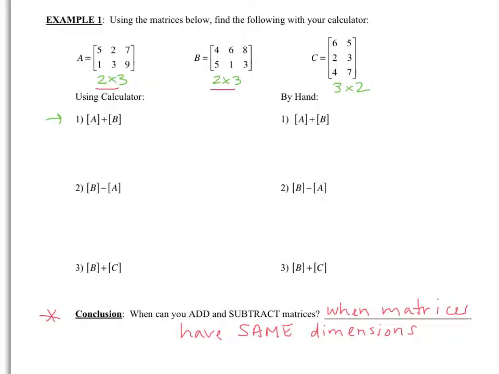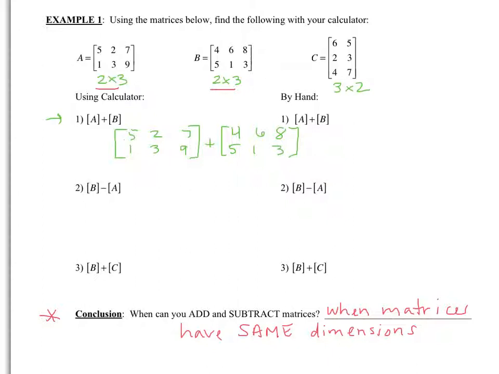So let's do that. So matrix A is 5, 2, 7, 1, 3, 9, and we are adding that to 4, 6, 8, 5, 1, 3. Okay, so when we're adding, we're going to add the elements that are in the same exact location.